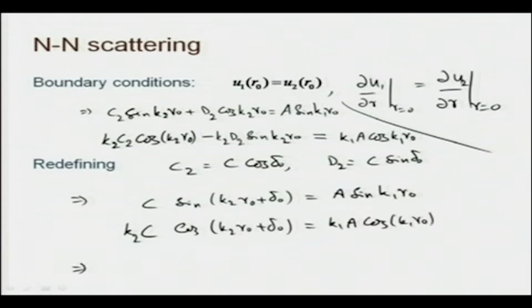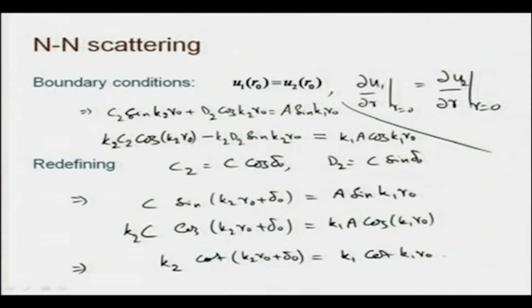This will give, if you divide the second one by the first one, k 2, cos by sin is cot. So, k 2 cot of k 2 r 0 plus delta 0 equal to k 1 cot k 1 r 0. Okay.